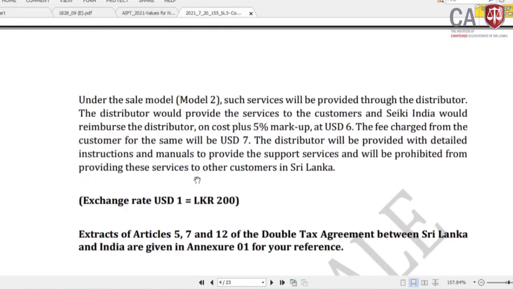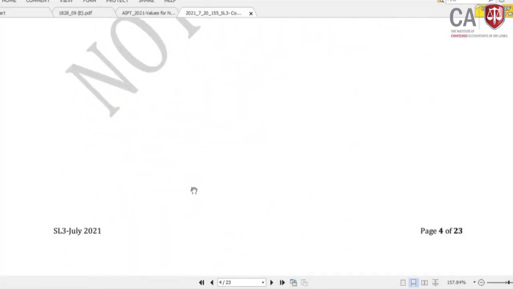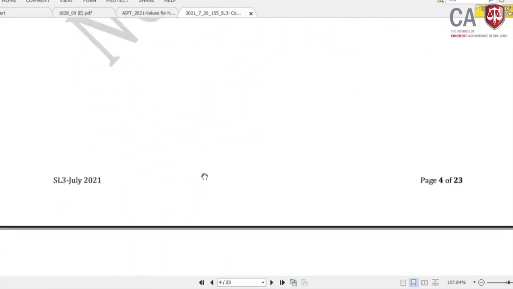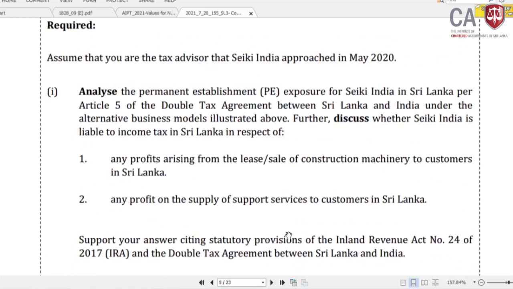The US dollar rate has been given. All the amounts are given in US dollars, so you have to convert them to LKR, and support your answer with statutory provisions of the Inland Revenue Act and the Double Taxation Treaty. Now I have fully applied the Double Taxation Treaty.